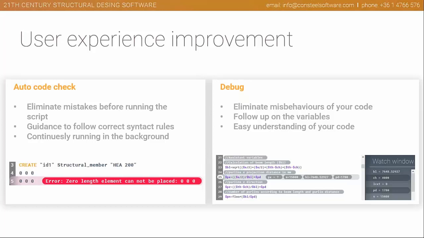Also, there is another troubleshooting tool, the Debug Function, which can eliminate misbehaviors of your code. You can follow up on the variables of your code while using the debug function, for a better understanding of your code.